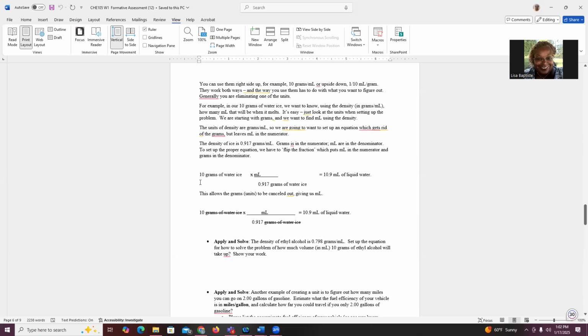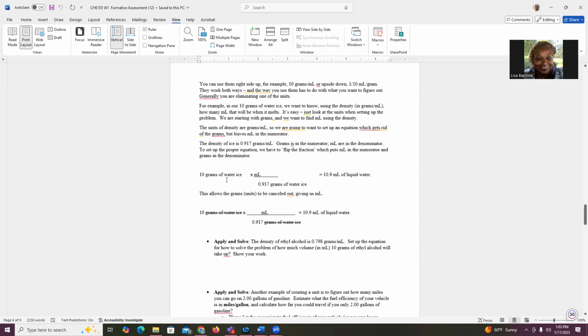And so we start with our 10 grams of water, and then we're going to multiply it, and this is in the form of ice, so this is a solid form of water, times a milliliter over 0.917 grams of water ice, okay?